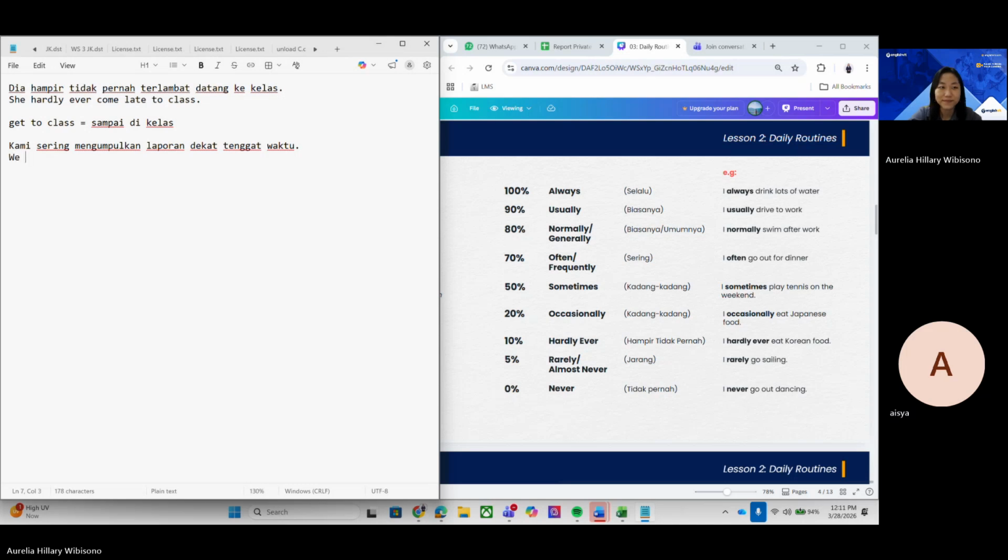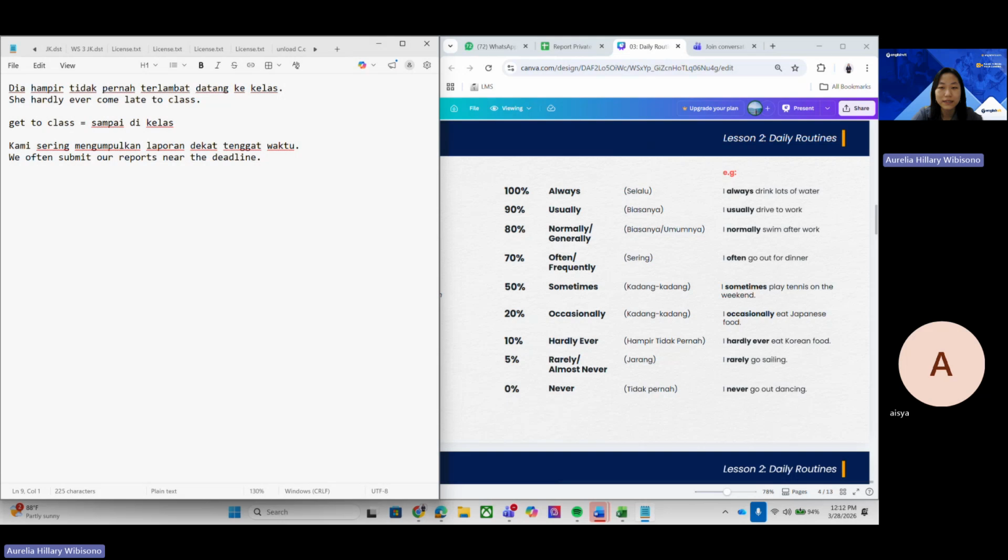We often mengumpulkan laporan itu, berarti we often submit our report, is it correct? Yes, our reports. Near the deadline. Okay, that's correct. All right.